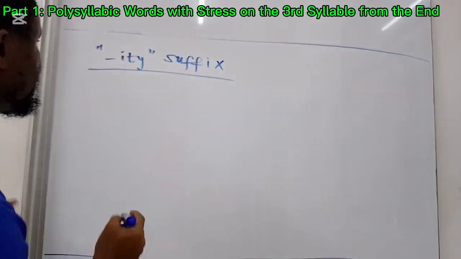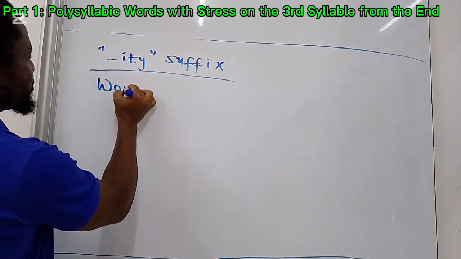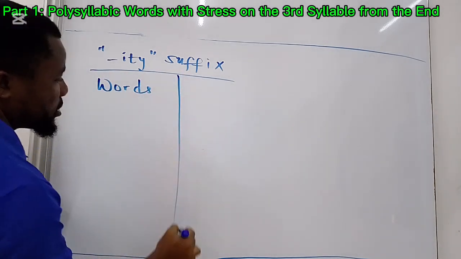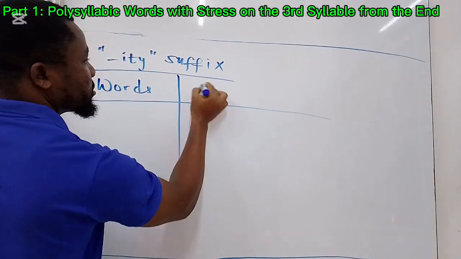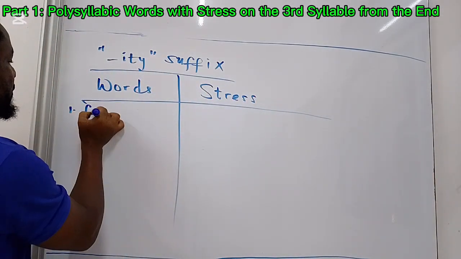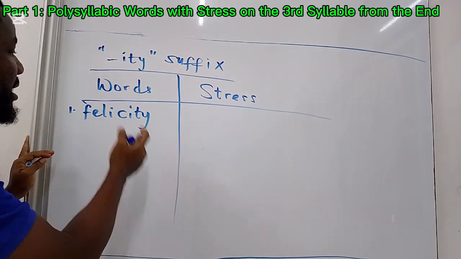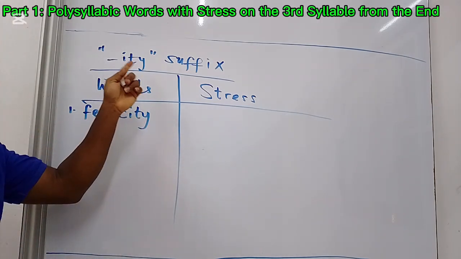Let's have examples. Let's have words, and then we have the stress. Felicity. This word ends in ity, the same suffix we're looking at.